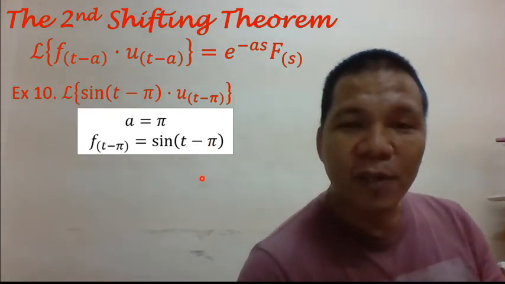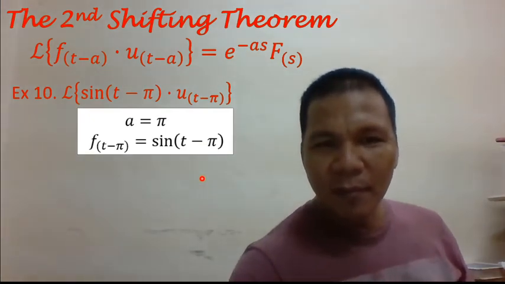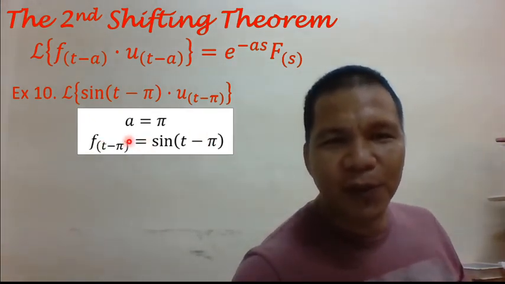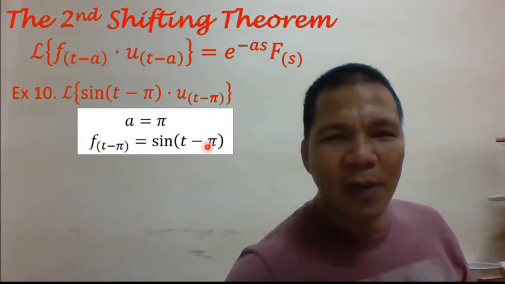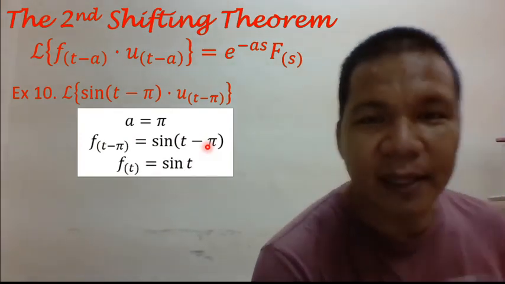Now if we eliminate pi from this equation, that becomes function of t equals sine t.